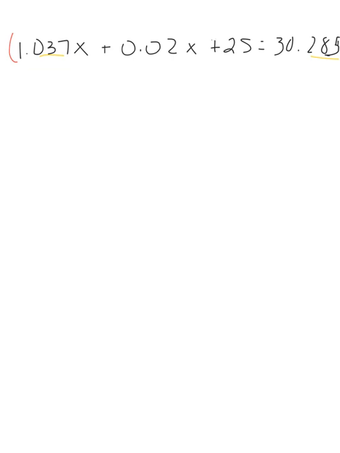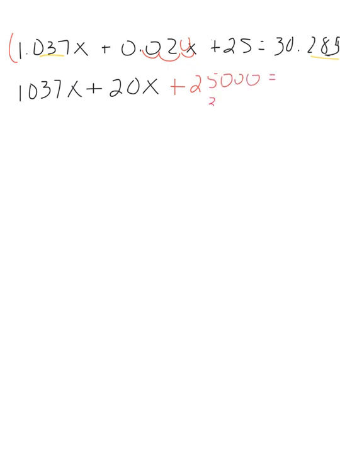Okay, so we're going to multiply everything by 1,000. So we end up with 1037x plus 20x, as you're going 1, 2, 3, got 0, plus 25,000 equals 30,285.